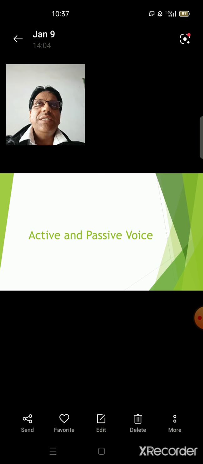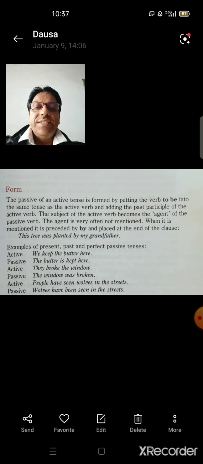Now we'll look at how to passivize the various tense forms. Our first examples are present, past, and perfect passive tenses. So we first have the present tense. First example is we keep the butter here. Now, if you want to passivize, the main verb of this sentence is keep.